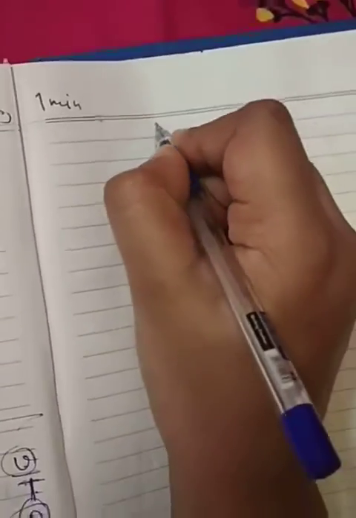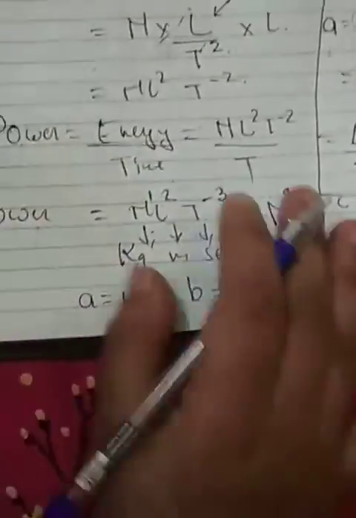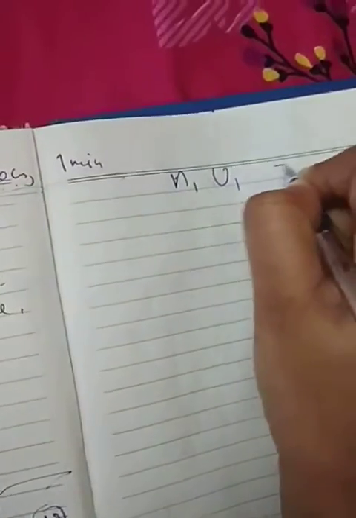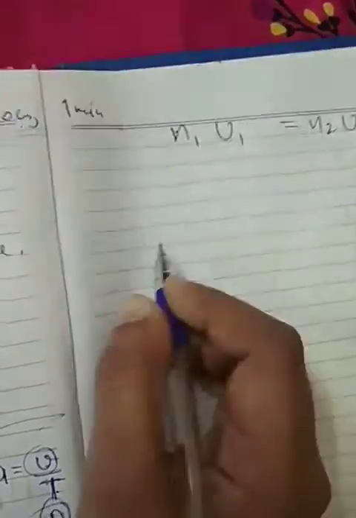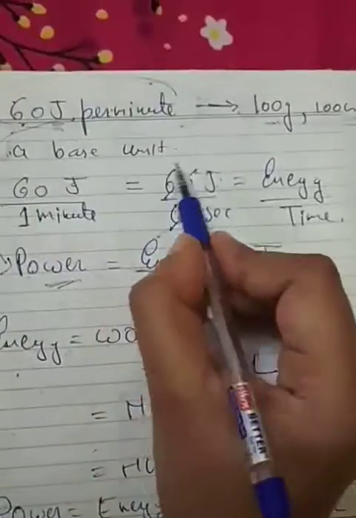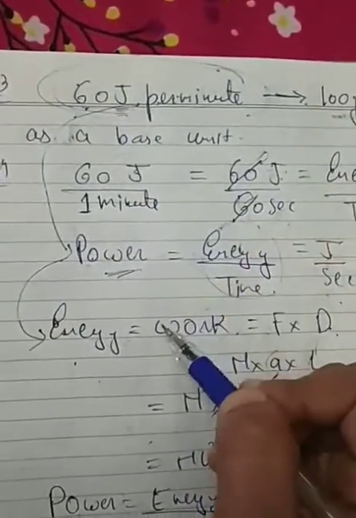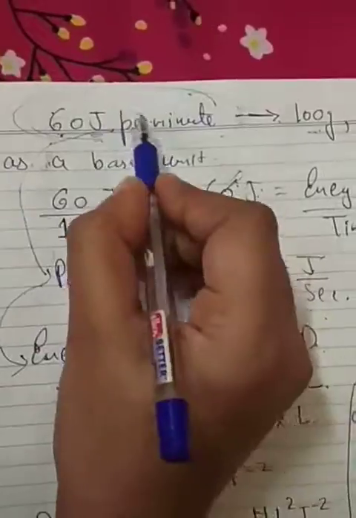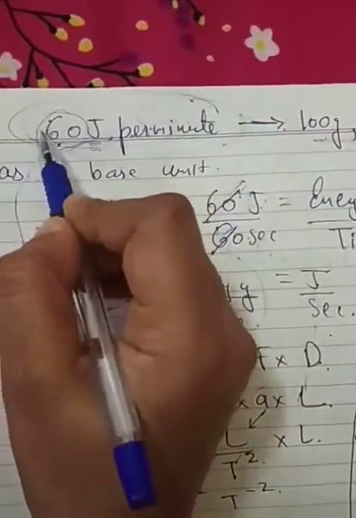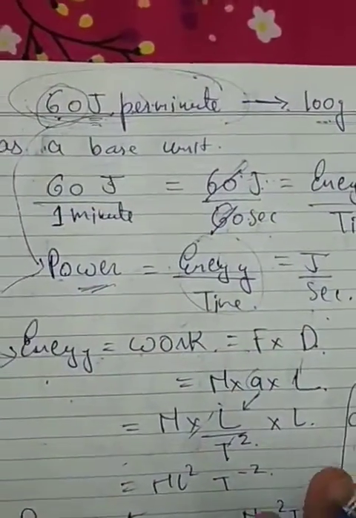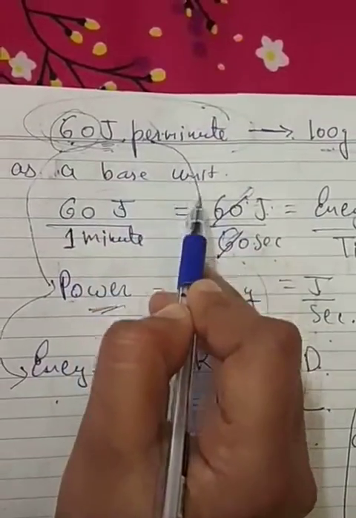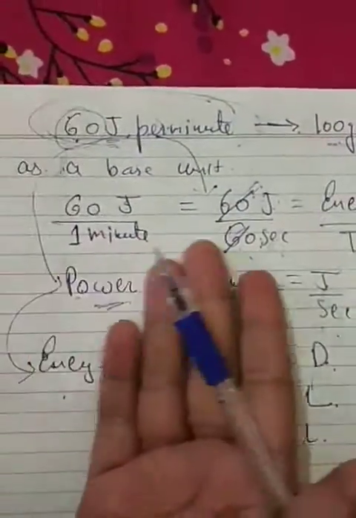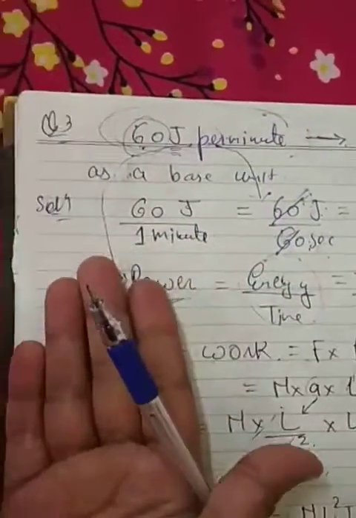What is our formula in this question? We have the formula n1u1 equals n2u2. How much is our n1? We cancel out 60 and 60, so it is 1 joule per 1 second. Maybe you think n1 is equal to 60, but no, n1 is not 60. When we break it out, we find it is for 1 joule per 1 second, per unit, which is your power formula.